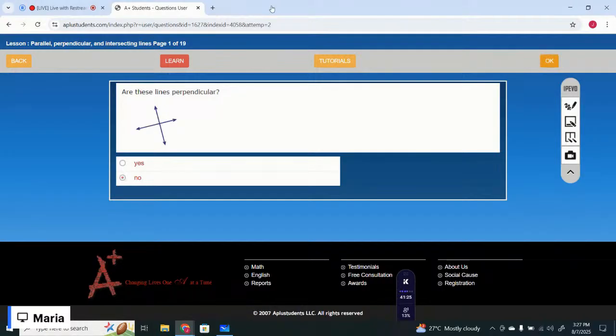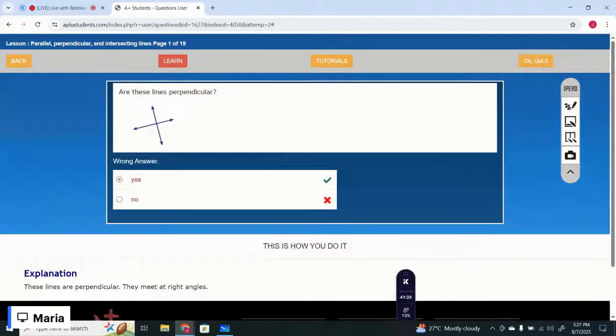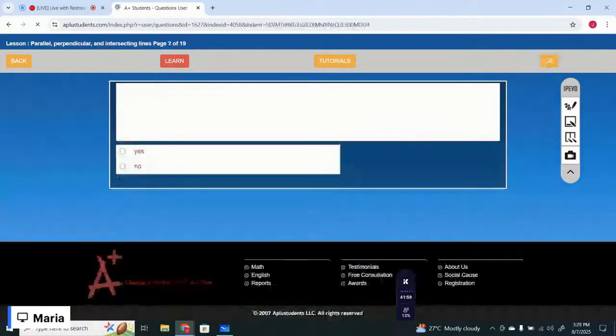No, they are not intersecting lines. Oh, they meet at right angles. So yes, this is a right angle.